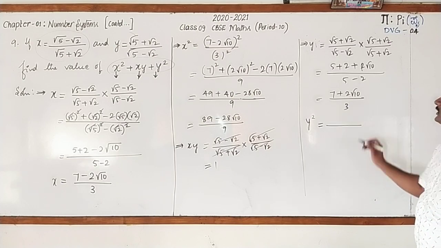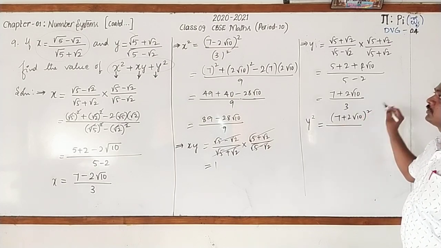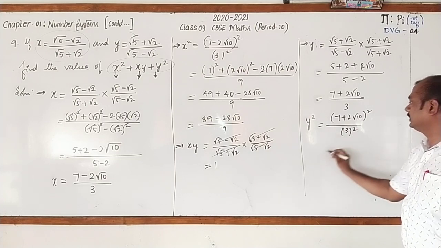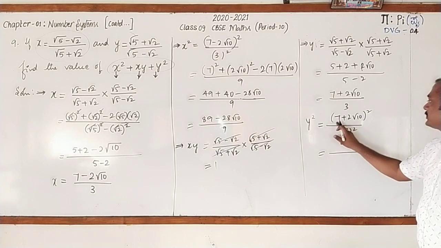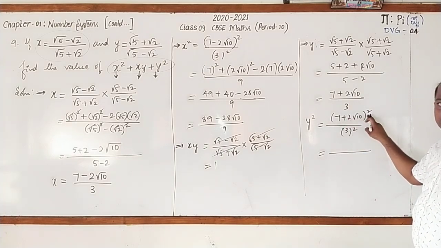Y can be written as 7 plus 2 root 10 whole square by 3 whole square. Now observe here, it is of the form a plus b whole square.